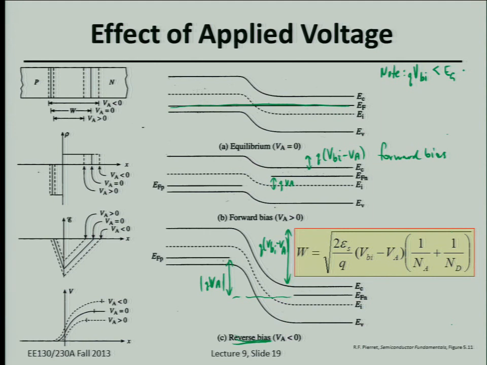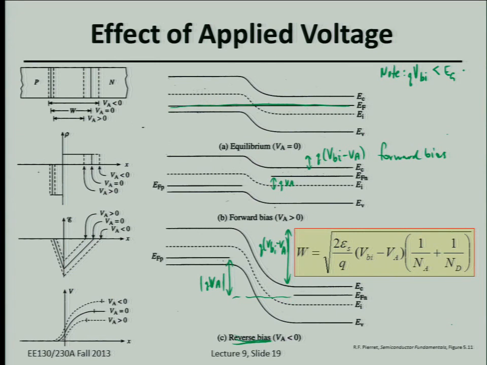So that's a quick way to recognize when I give it to you on a quiz or final. If I ask you which one of these is forward bias, which one is reverse bias, rather than thinking plus, minus, figuring out which direction the electric field is pointing and which polarity the applied bias is, just look and see, is the total potential drop greater than the band gap energy? If it is, then it's got to be under reverse bias.